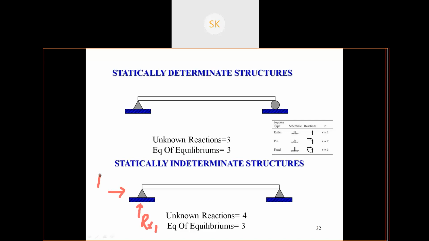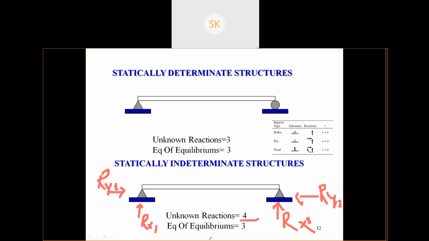Same for this hinge position, we have two directions. I'm naming them Rx2 and Ry2. So what are the unknown reactions we have? 1, 2, 3 and 4. We have 4 unknown reactions.